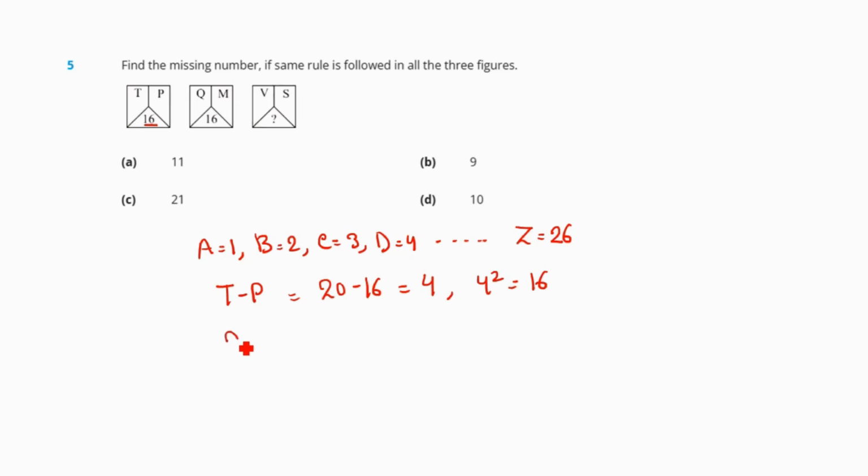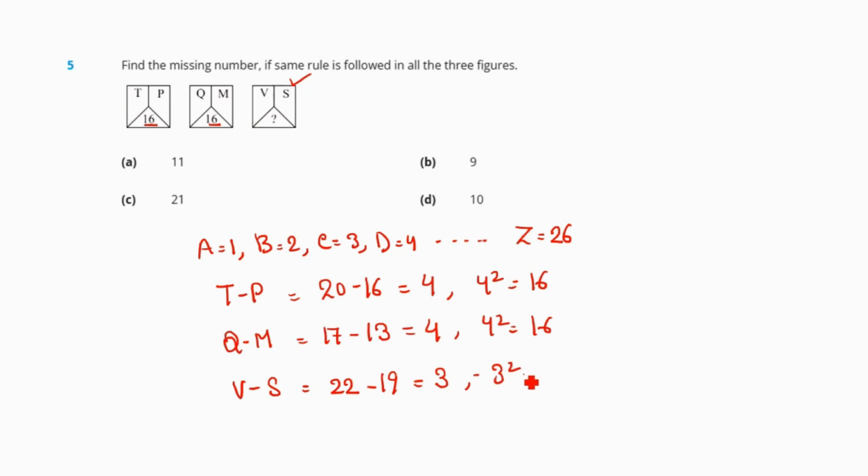The same we will do for the other one, Q minus M. Q is in the 17th position and M is in the 13th position, and we have 4 again, and 4 square is again 16. The same thing we will follow for the third pattern. V minus S. V is in the 22nd position, S is in the 19th position, and if we subtract it is 3, and 3 square is equal to 9. So here the answer will be 9, option number B.